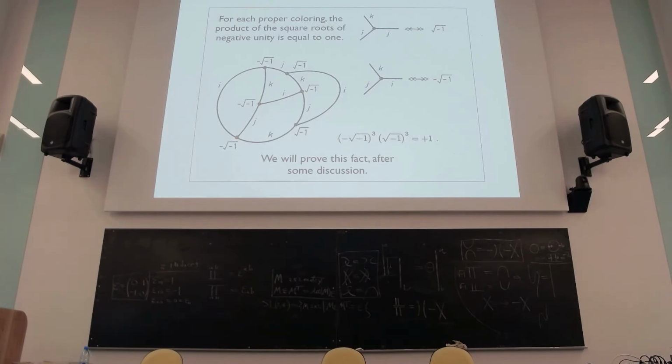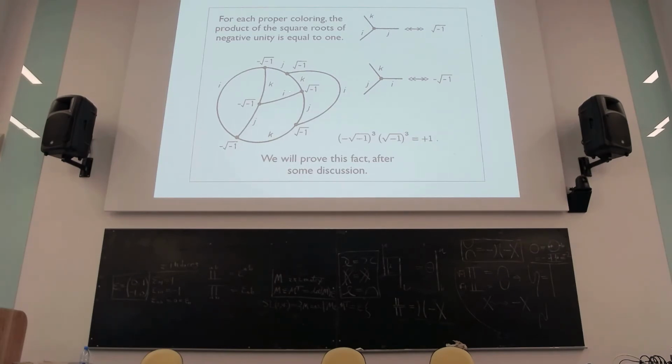For example, here I'm using I, J, and K. So ijk counterclockwise gives you plus the square root of minus 1. jik, one of the permutations, gives you minus the square root of minus 1. So all three cyclic permutations of a given type give you the same sign, and the other three permutations give you the opposite sign.